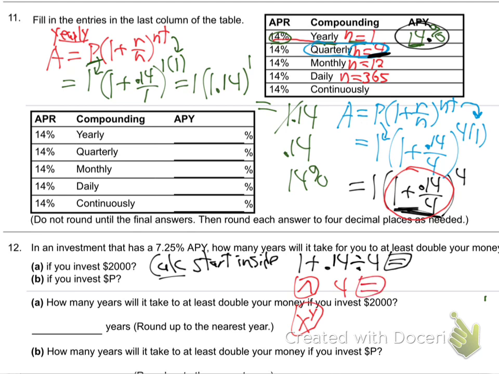It knows you mean the last answer to the 4th power. It says do not round it to the final answers. Yeah, that's why this is also good for that, because we're not rounding.